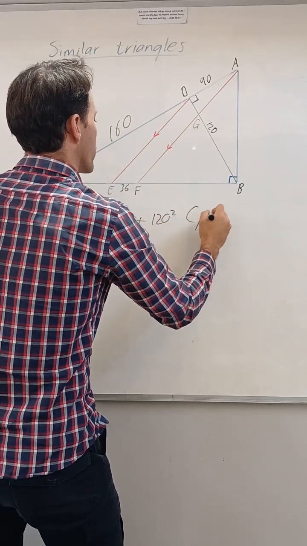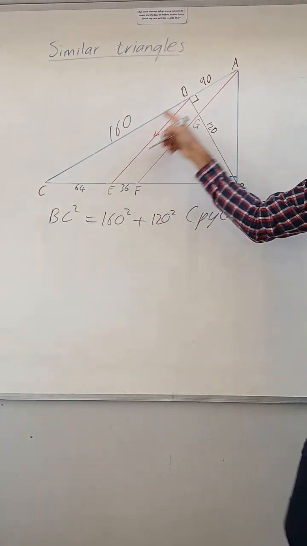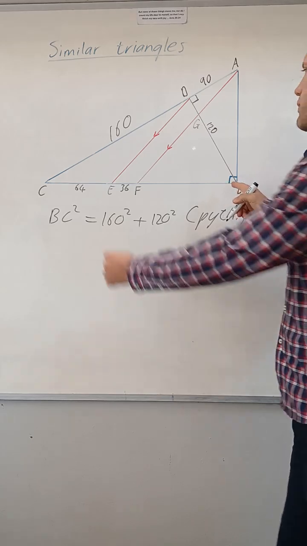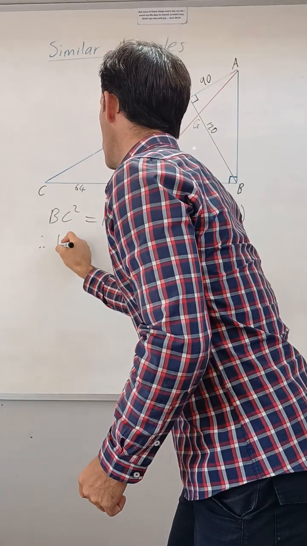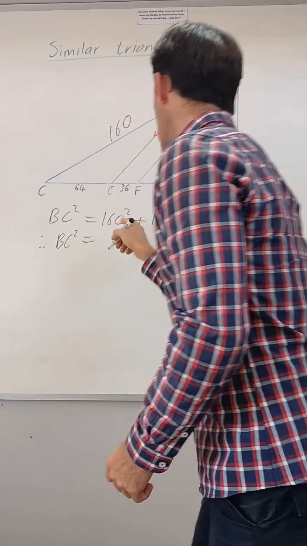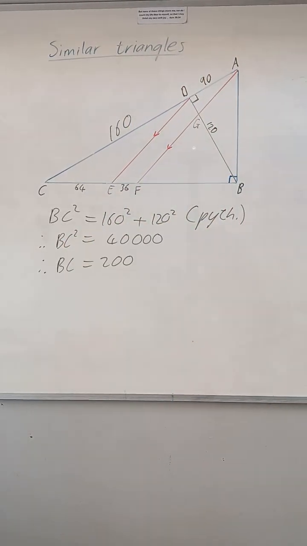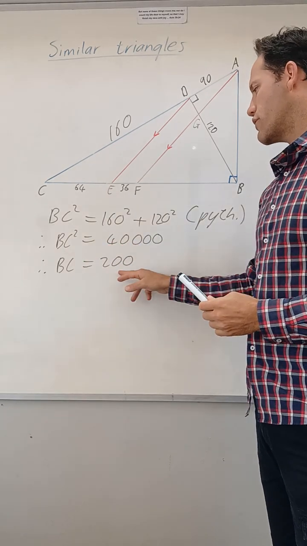Okay, from Pythagoras. And then we can find this whole side BC, and then we can subtract 120. So BC squared is 40,000, which means the square root is 200.